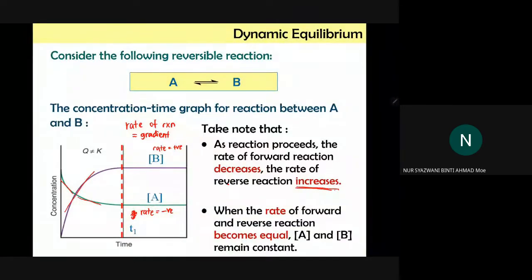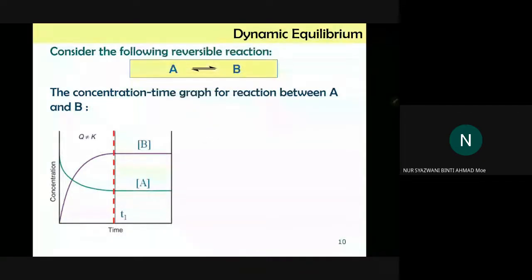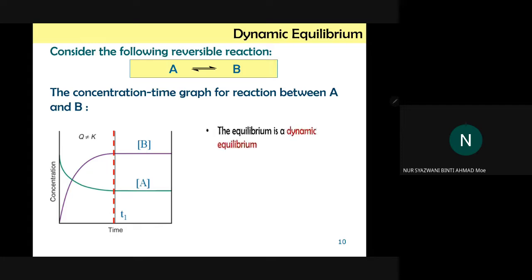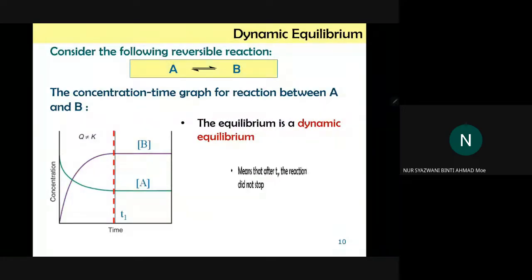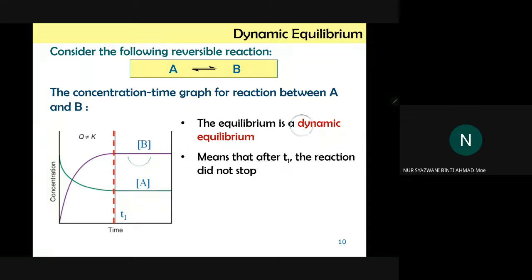Tapi sebenarnya, walaupun kita tengok gradient dia kosong, okay, walaupun kita tengok rate dia macam kosong, tapi sebenarnya dia tak kosong tau. The equilibrium is a dynamic equilibrium. Kita panggil equilibrium ini sebagai dynamic equilibrium sebab after time t, reaction did not stop.